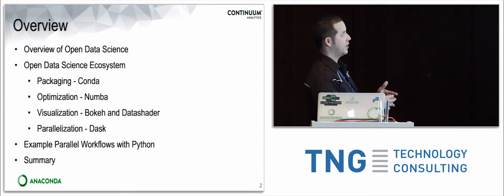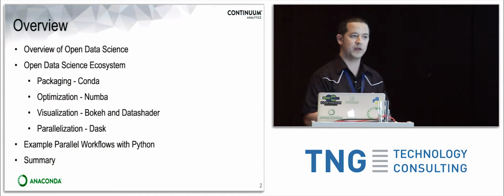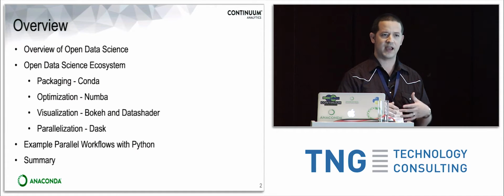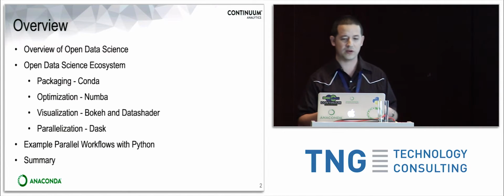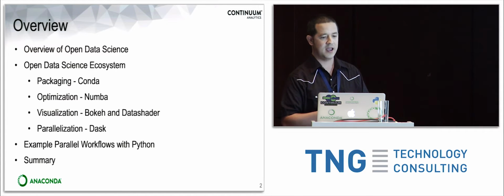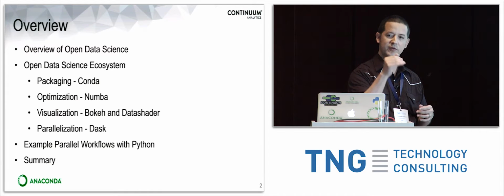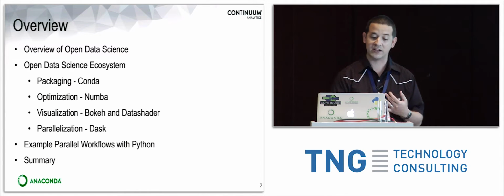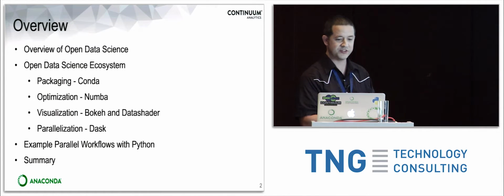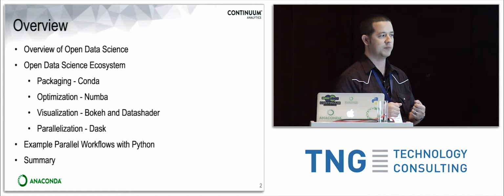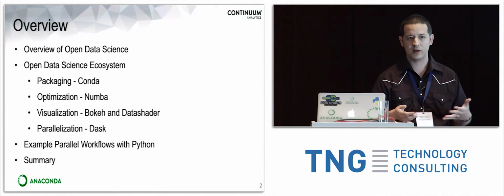So an overview of how this is structured. First, I'll talk about what is open data science and what is that composed of and what kinds of tools are available to us. And then I'll talk about some of the foundational components. So I'll talk about packaging, optimization, visualization, parallelization. Some people think of Python as a scripting language, but it's much more.